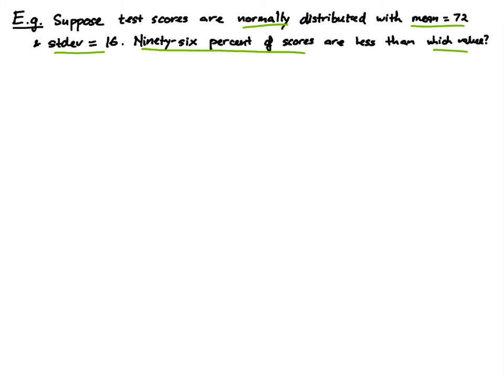So let me begin by again letting x denote test scores. So x is a normal variable with the mean of 72 and a standard deviation of 16.